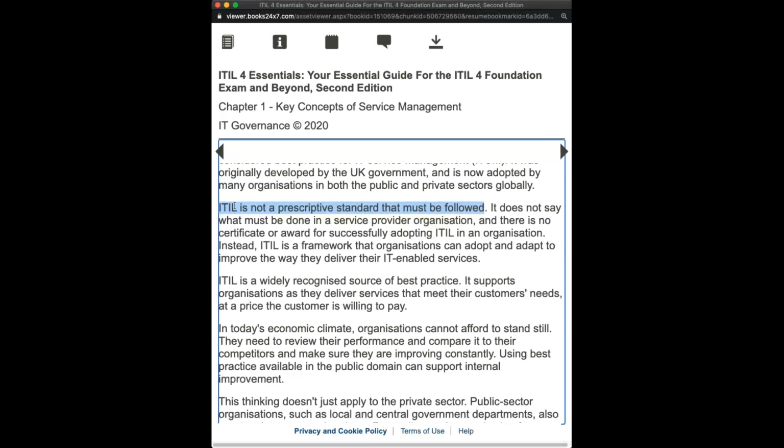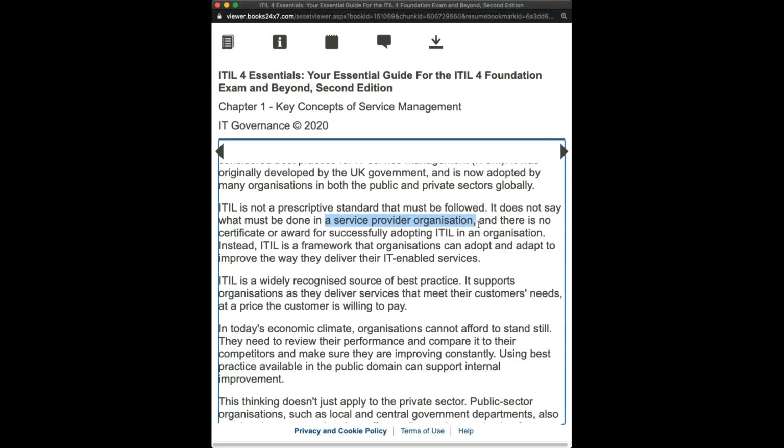So it does not say what must be done in a service provider organization. It does not say do this. It provides a framework, a process to enable your IT service, instead of saying this is how you do it. It's like these are the steps to achieve your goal.